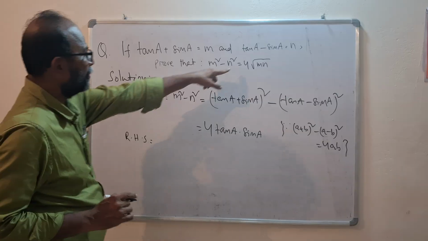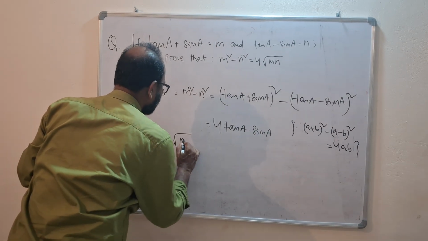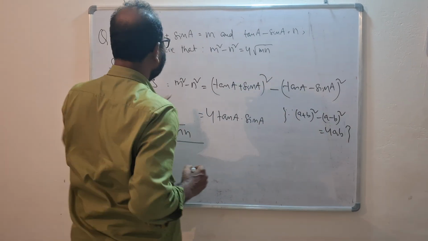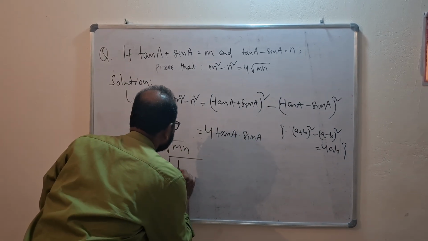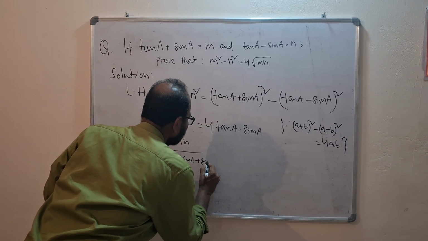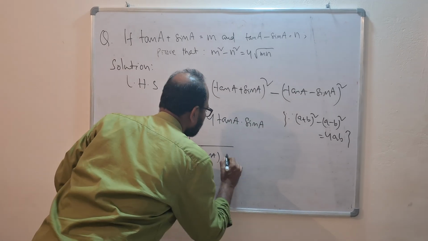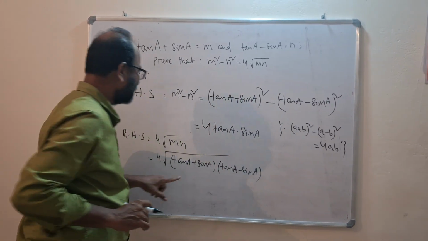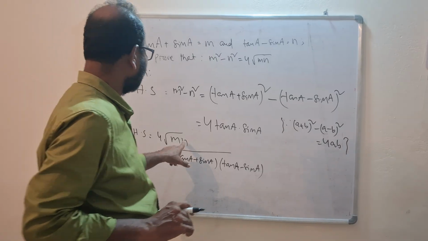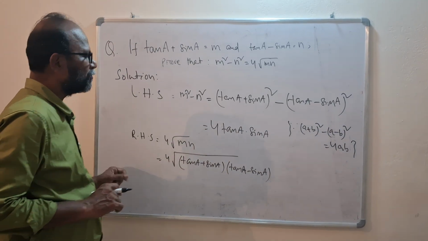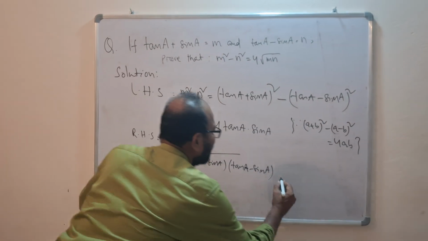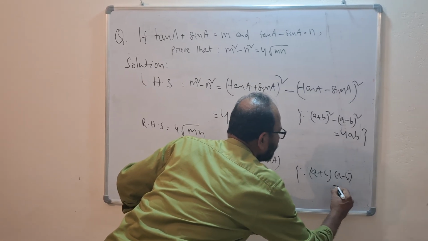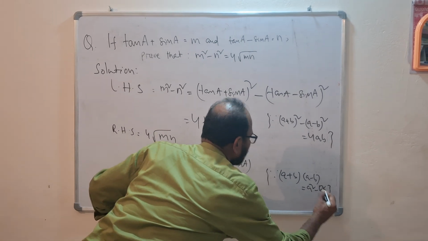So we will take the RHS. The RHS is 4 into root of mn. So 4 root of m, which is tan A plus sin A, into n, which is tan A minus sin A. A plus b into a minus b is equal to a square minus b square, you will use that formula.